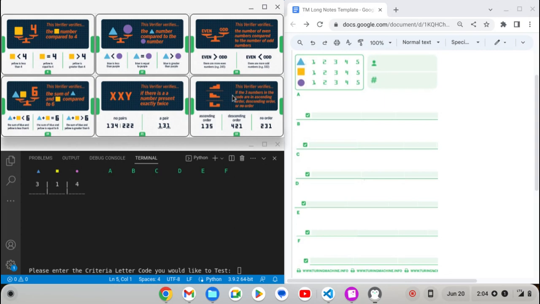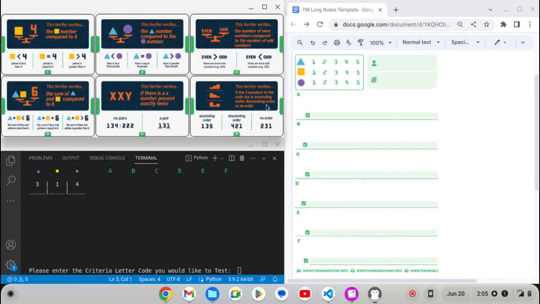And finally, criteria card F tells us a little bit about the order of the solution. So should the digits in our solution be ascending, meaning that they are increasing in value, as in the example 135? Are they descending, or basically getting smaller, as in the example 421?